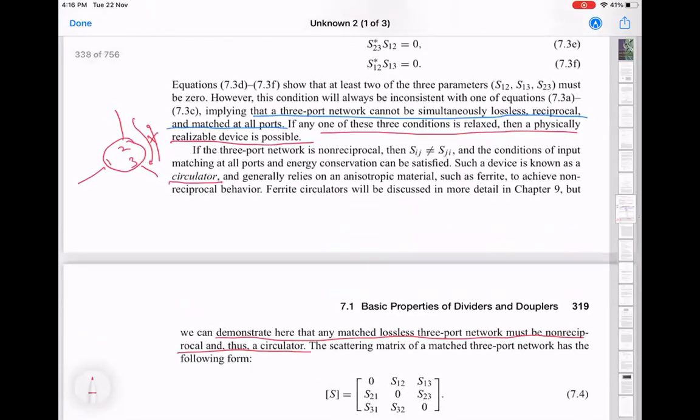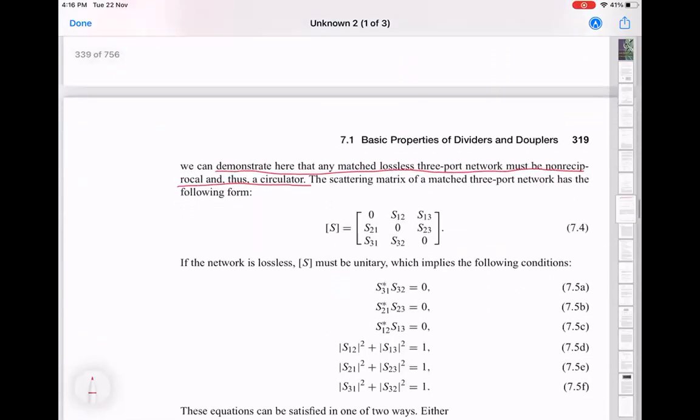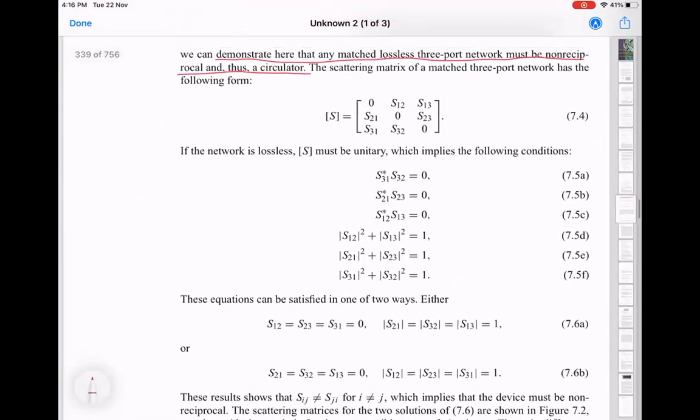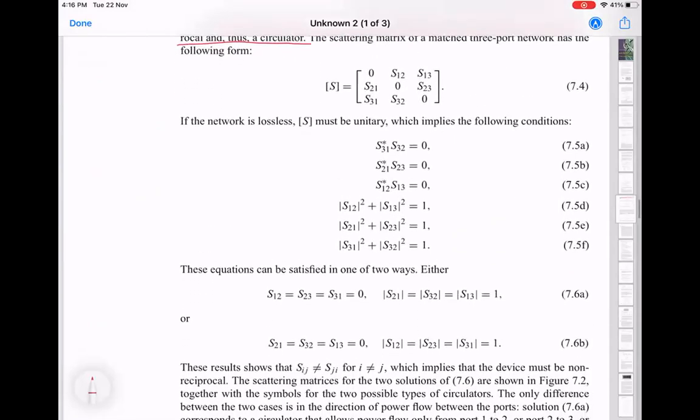So moving on. Here they basically discuss the fact that if you are able to remove the non-reciprocity condition, then you can get perfect transmission in one direction and no transmission in the other direction. So ideally, it's possible. There's no fundamental limitation that there has to be some loss.